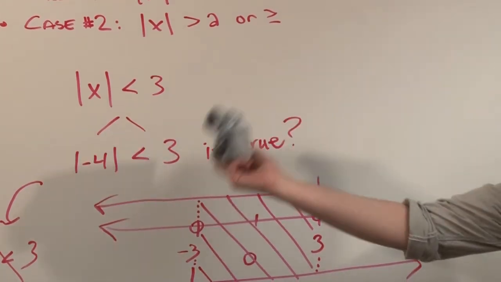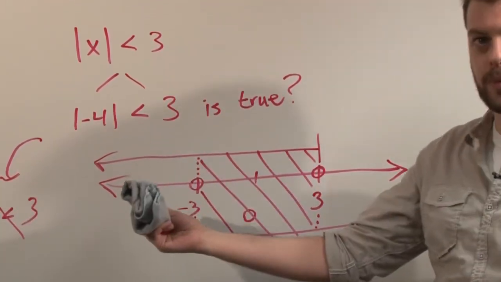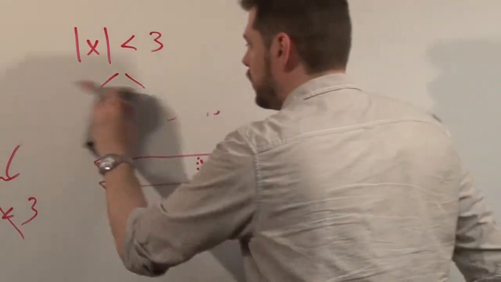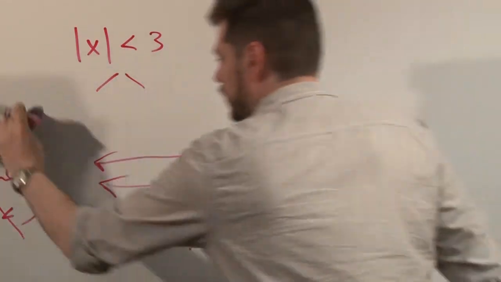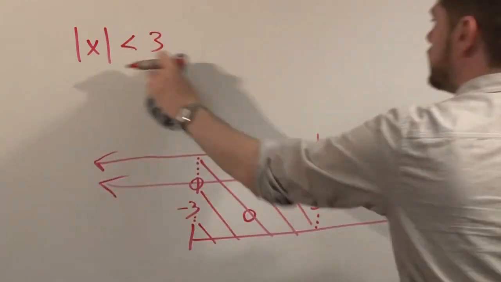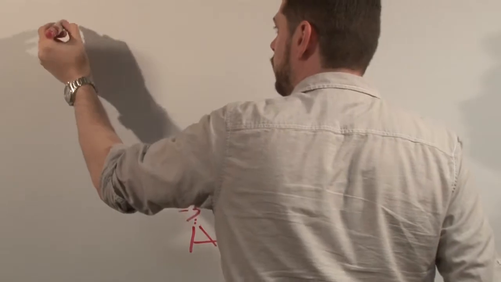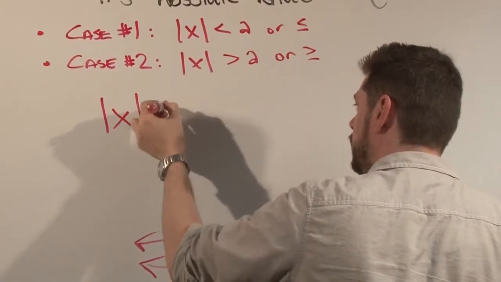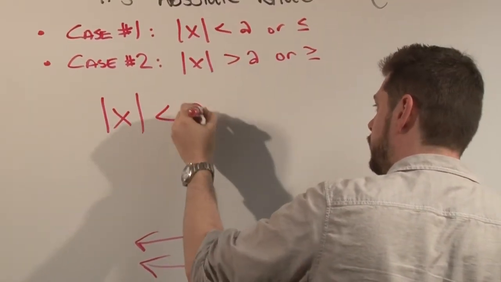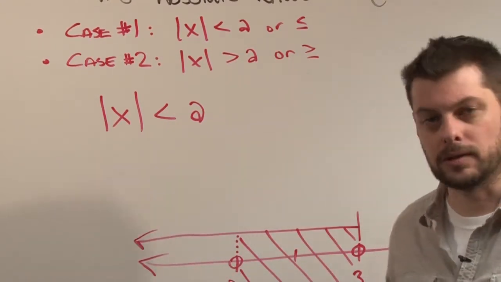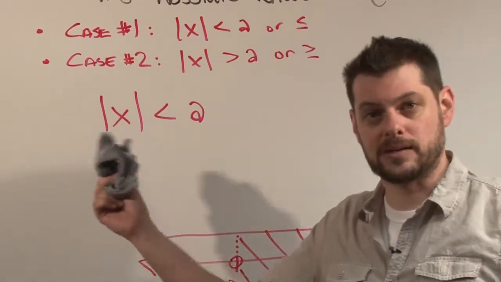So how can we generalize this example? Because this works every time. What we'll say is that we can rewrite this inequality, and I'll even turn it into letters. When we have an absolute value quantity that's less than a positive number, because if it's less than a negative number, we know we don't have a solution. Absolute value only gets us positive numbers.